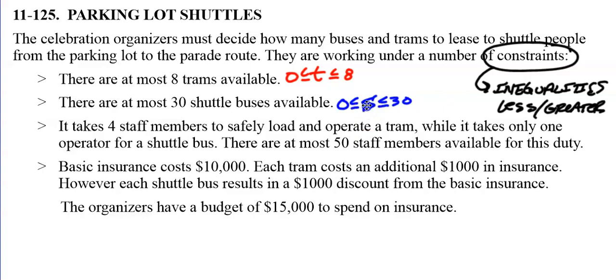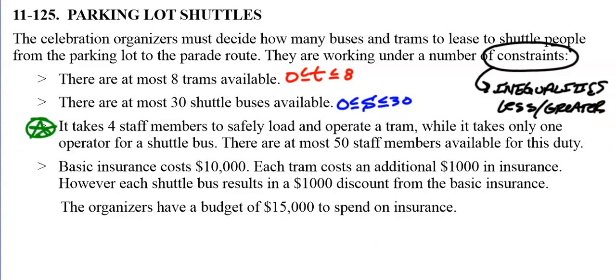So it takes 4 staff members to safely load and operate the tram, while it takes only 1 operator for a shuttle bus, and there are at most 50 staff members for this duty. Okay, so we can come up with an equation for that one. We'll do that one in green.